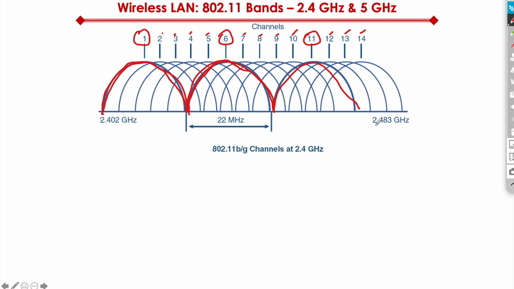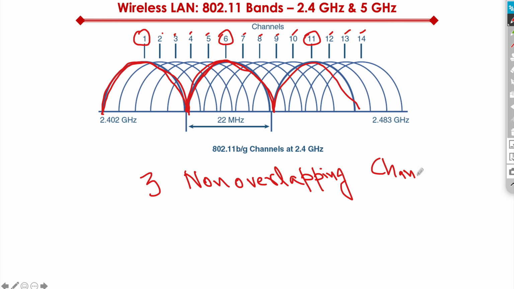So what does that mean for you as a consumer? It means at a 2.4 gigahertz level, you only have 3 non-overlapping channels, meaning you have 3 clean channels that you can use in your environment. Why is this important?